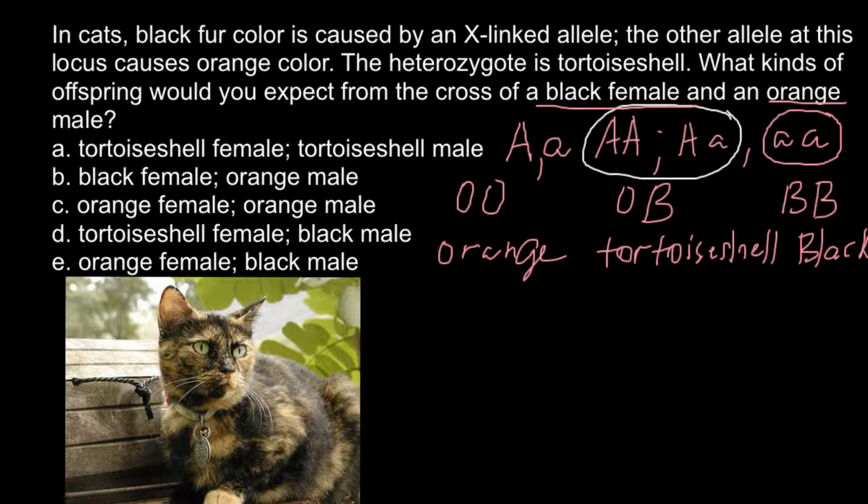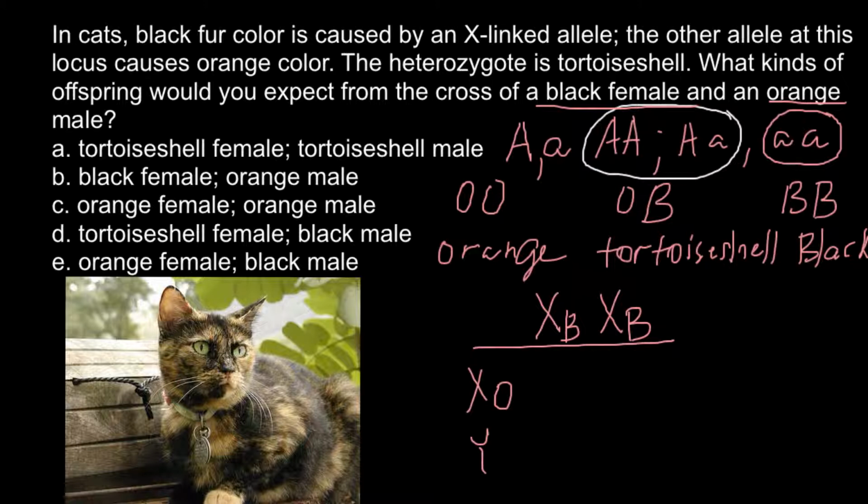We can write down the genotype of the female, which is XX, and the genotype of the male would be XY. The female would be black, so we use XB XB here, and the orange male would be XO Y.